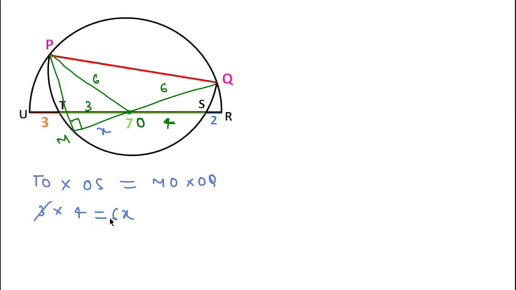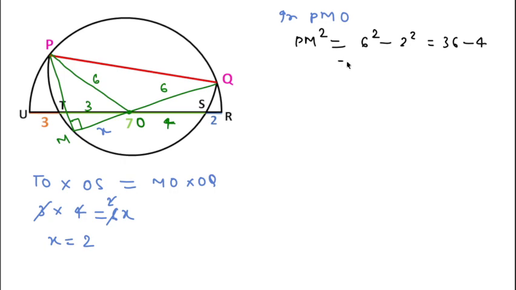Then you can see 3 2s are 6, 2 2s are 4, so X equal to 2. Now I will find the length of PM in triangle PMO, that is PM square equal to 6 square minus X square. X is actually 2, so 2 square is 4, that is 36 minus 4, which is equal to 32.